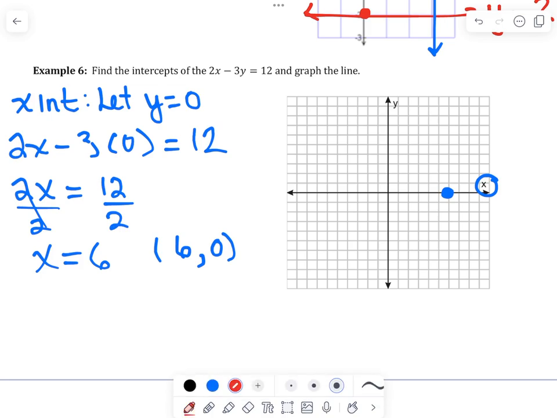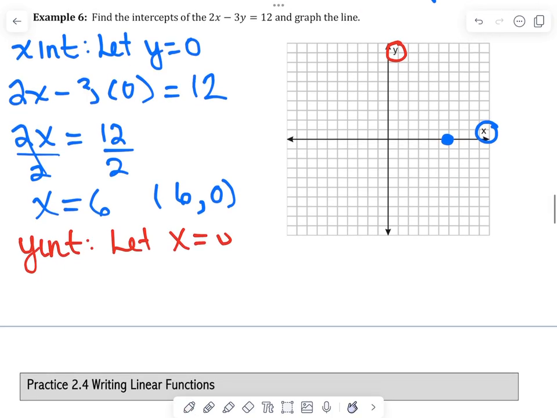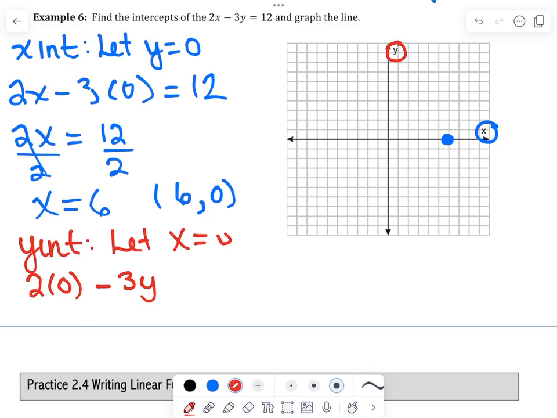Now let's go ahead and find that y-intercept. Where does it cross on the y-axis? So to find the y-intercept, we let x equals 0. So we substitute 0 in for x. And we solve it.